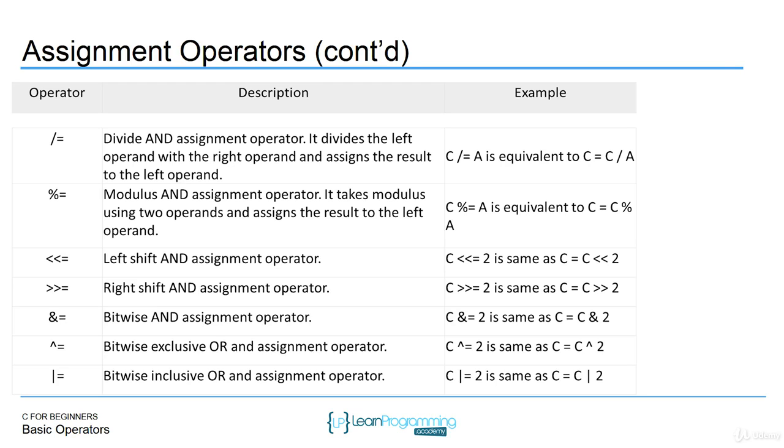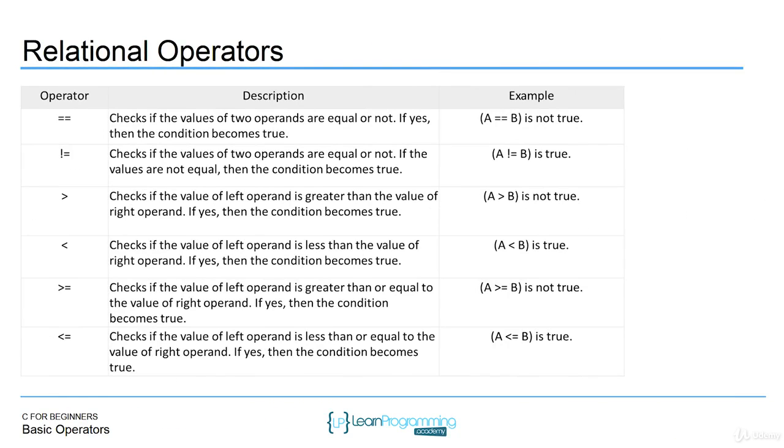And then again, the ampersand, the caret, and the vertical bar are all related to doing things on bits. So we'll come back to that, but they are part of the assignment operators. So the assignment operators are pretty easy, right? Assigning data, and then if you want to actually do a couple of expressions and then assign it, you do the combination ones.